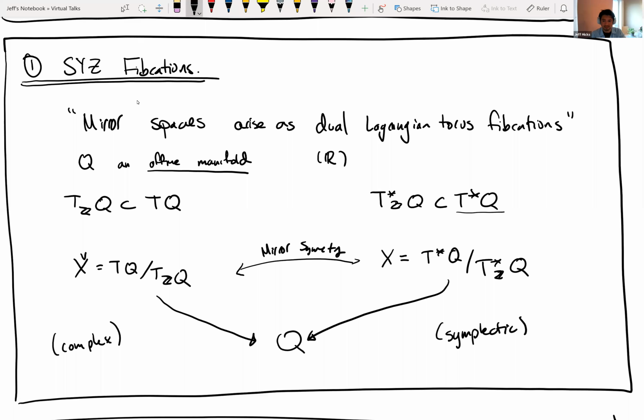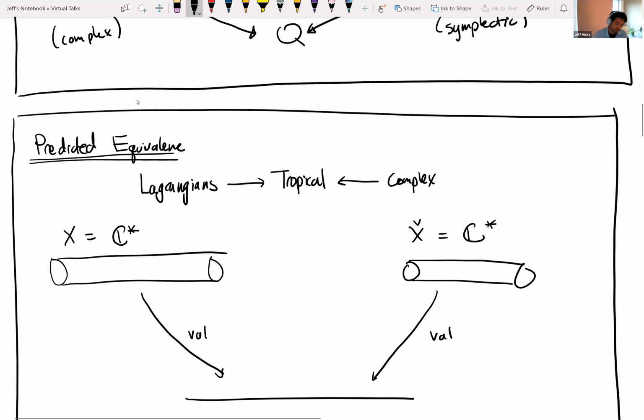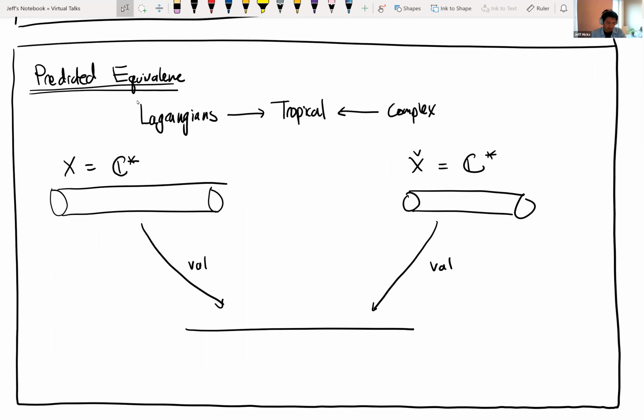Any questions so far? Great. I suspect that this is going to be familiar for most people. So what are some things that we're supposed to be able to pull out of mirror symmetry? Well, let's look at some predicted equivalences.